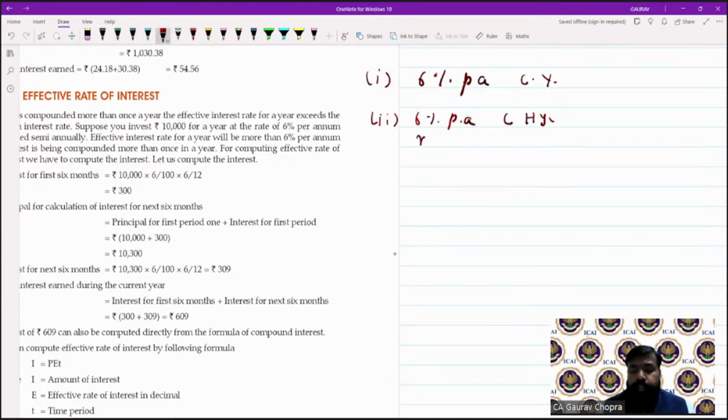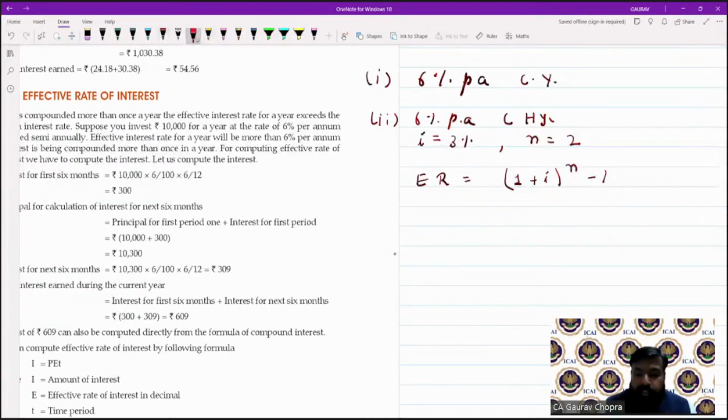So the rate will be 6 upon 2, that is 3%, and the number of half years will be 2. How many half years are there in one year? 2. So how will the effective rate be calculated? The formula is the same, but we don't have to use the principal. We are only dealing in rate. So 1 plus I whole to the power of n, minus 1.